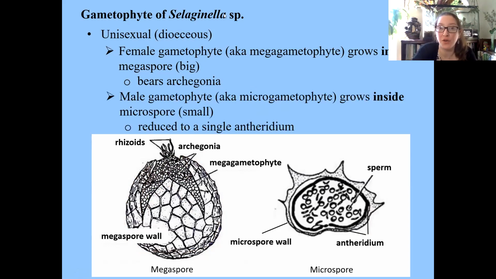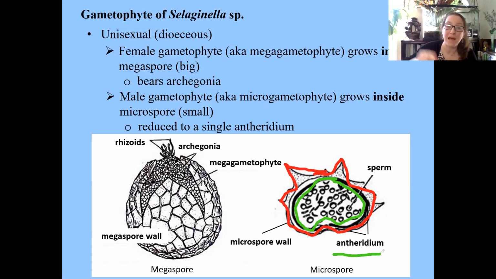And then here you go. That's the male gametophyte plant. I'll use the same colors as I did before. Here is the microspore wall. And inside of that microspore wall is the male gametophyte, which now is literally reduced to a single antheridium.